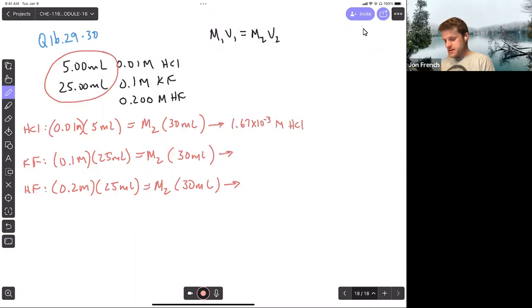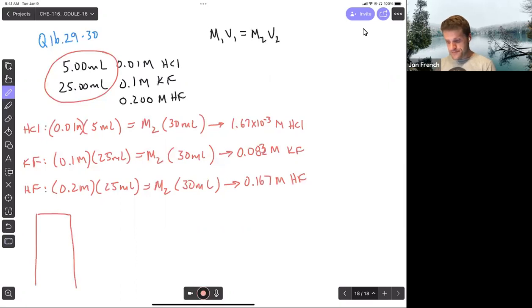For potassium fluoride, 0.1 times 25 divided by 30, and I get 0.083 molar. For HF, 0.2 times 25, and then divide that by 30, and I get 0.167 molar HF.